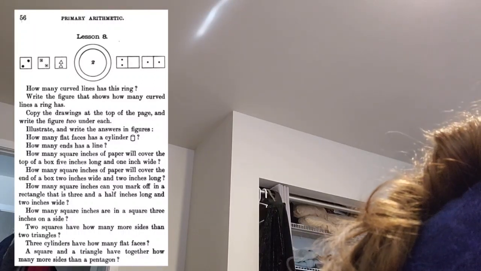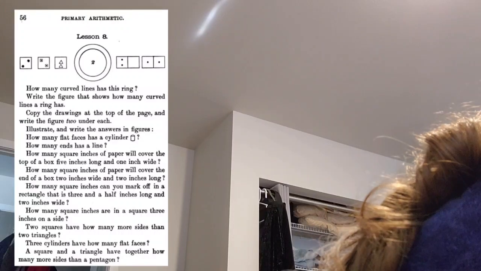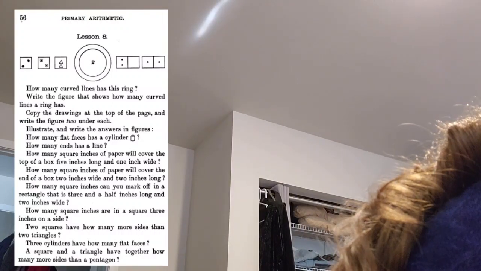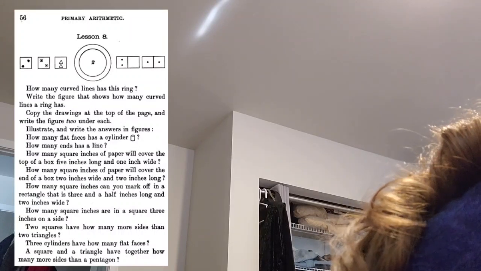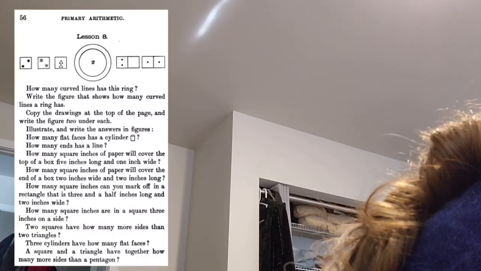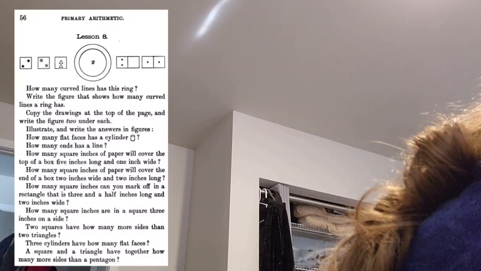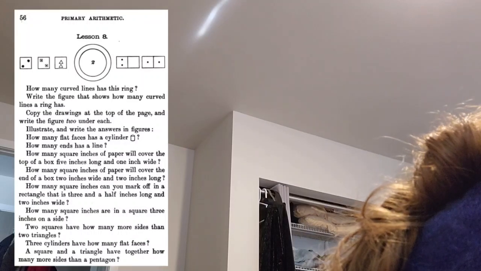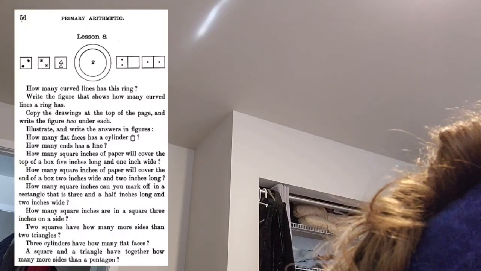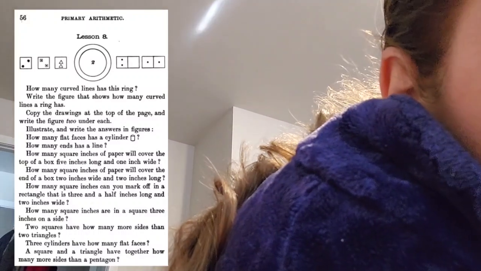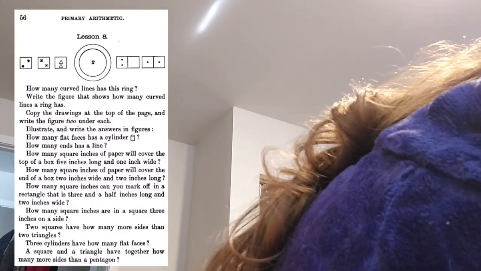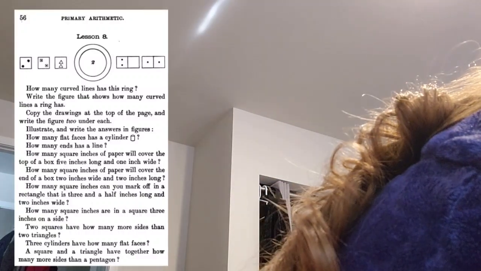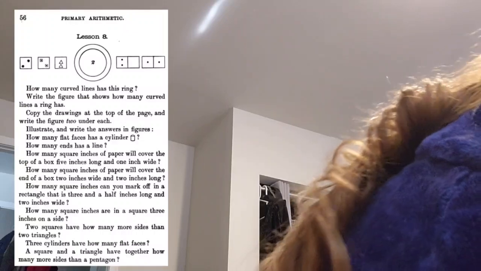How many square inches of paper will cover the top of a box 5 inches long and 1 inch wide? Do you only need 5 squares of paper? I'm still trying to wrap my head around these square inches.